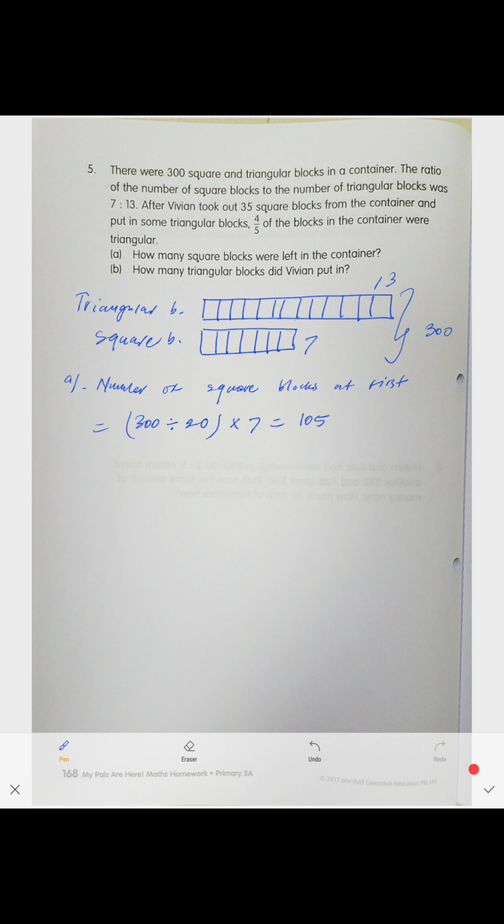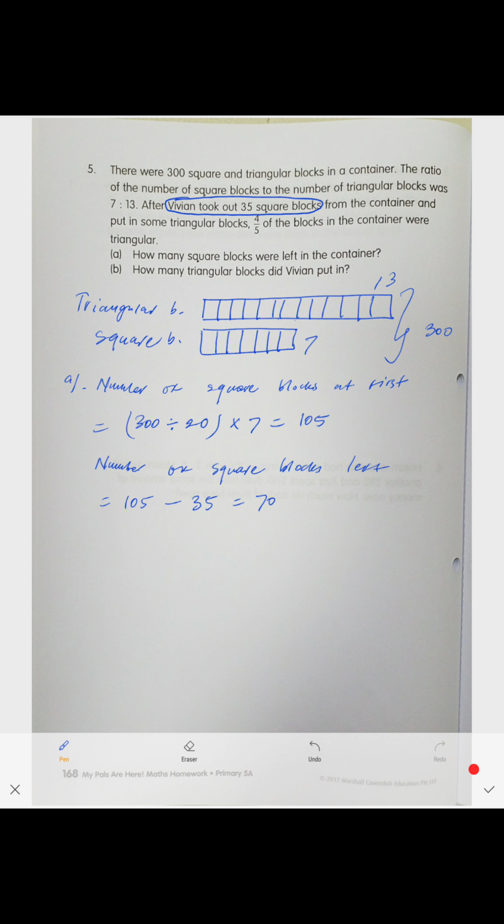So then what happened? Vivian took 35 square blocks out of there. So we need to calculate how many square blocks are left. Number of square blocks left. We had 105 and she took away 35.